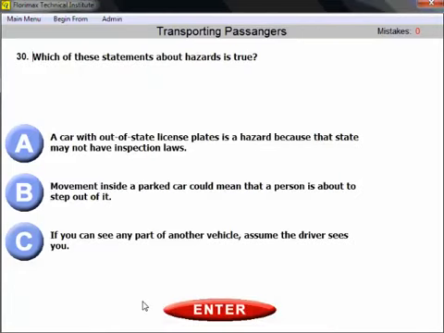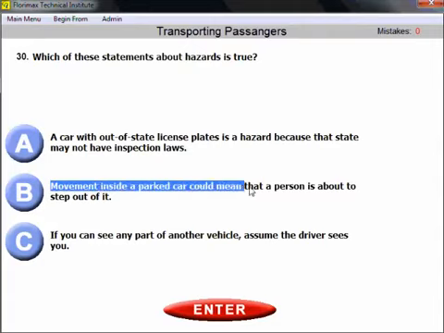Question number 30. Which of these statements about hazards is true? You should be aware that a hazard could be anything, and especially in this case you should look for this answer. Movement inside of a parked car could mean that a person is about to step out of it.